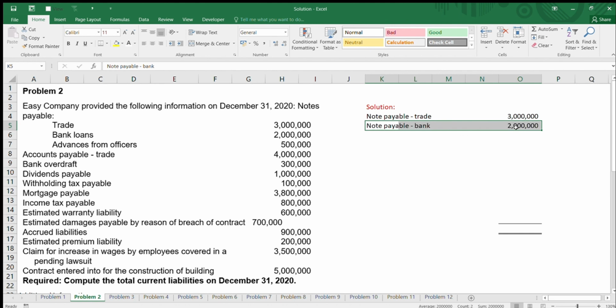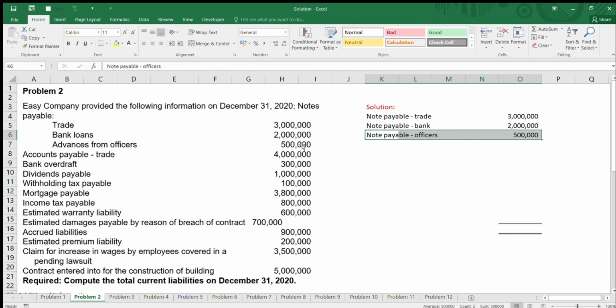Advances from officers. So, advances, those are what they are. So, that is also part of your current liabilities. Okay? So, these three, notes payable, that is part of your current liability.